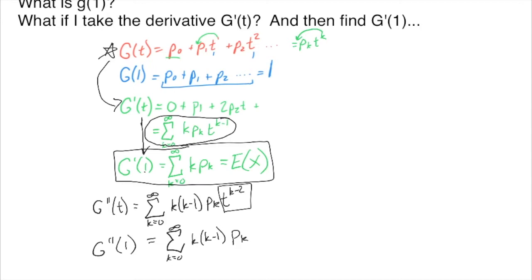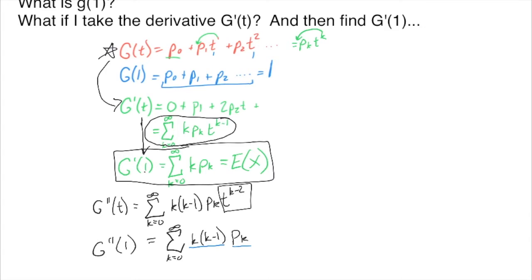All right? Now that I've done that, I want you to think about that. So what this is, it's the summation of some value times the probability of k.